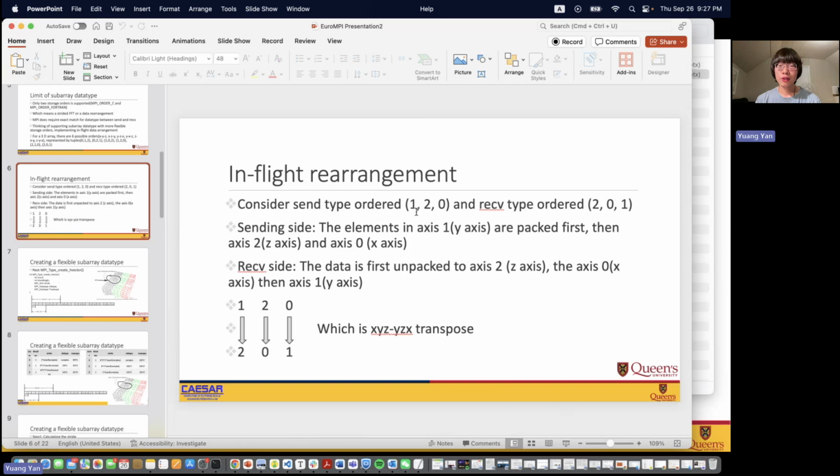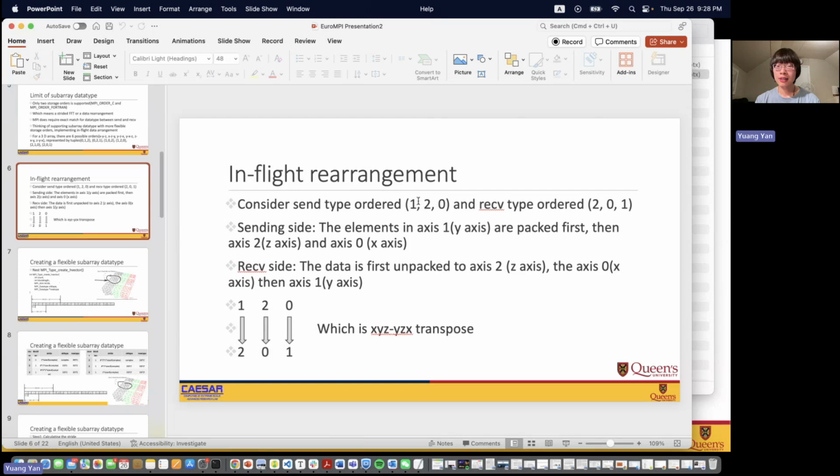Yeah. So for here, we want the sending order stored as 1 to 0, which means the elements of the second axis, or the y-axis, are packed close to each other, which is what we conventionally think of as the x-axis.